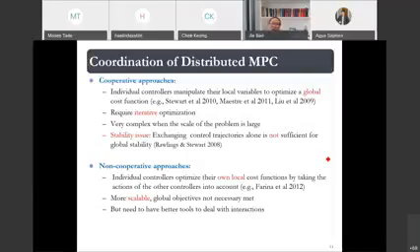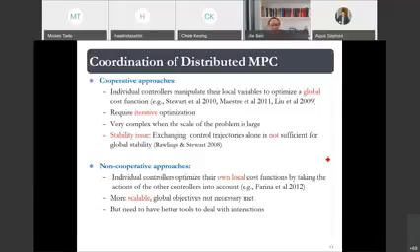One is called the cooperative approach. The idea is that individual controllers will manipulate their own local control variables to optimize a global cost function. The global cost function may represent the requirements for operating the entire plant-wide process.